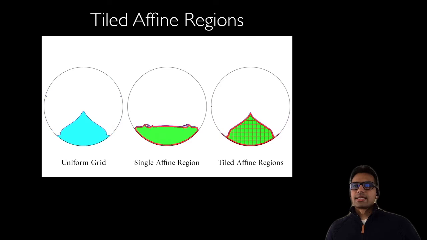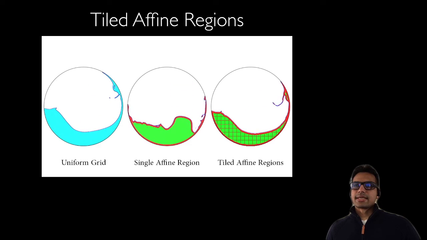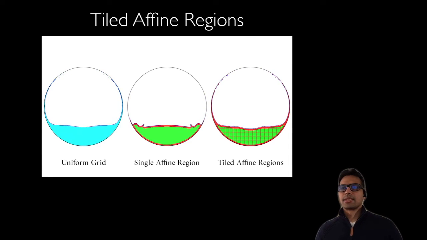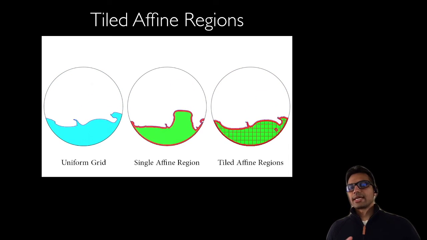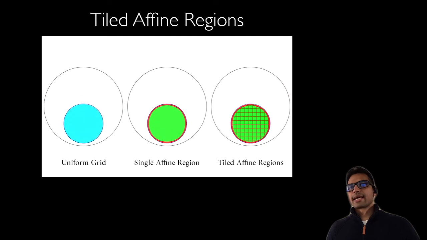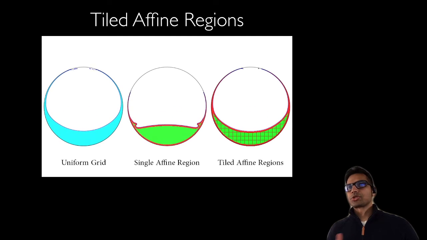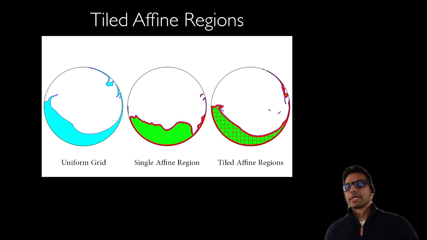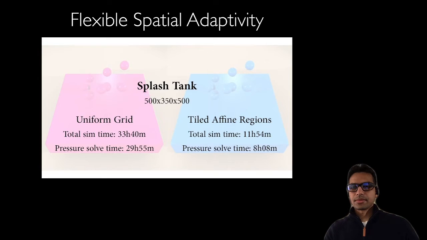And now the adaptivity pattern inside the liquid solver is much more flexible because two neighboring adaptive regions can have arbitrary shapes as opposed to octrees where we have limitations on how much they can differ.